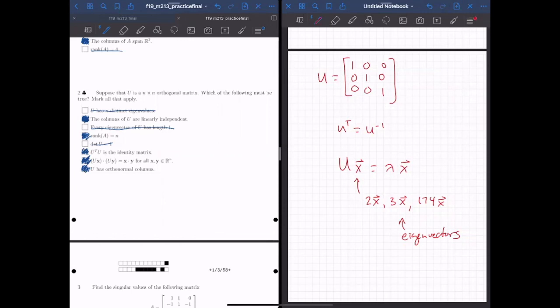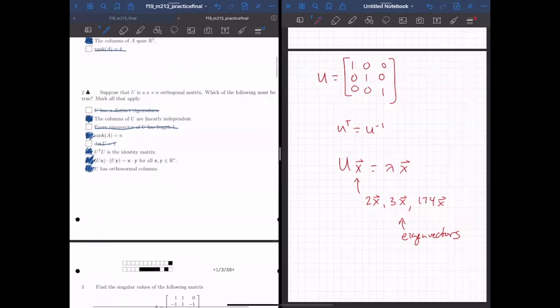Any questions on that one? Yeah, I got one really quick. Go ahead, Tim. I'm just fact checking myself, but if a matrix is orthogonal, does that mean it is always invertible too? Yeah. Obviously not every invertible matrix is orthogonal, but every orthogonal matrix is invertible.